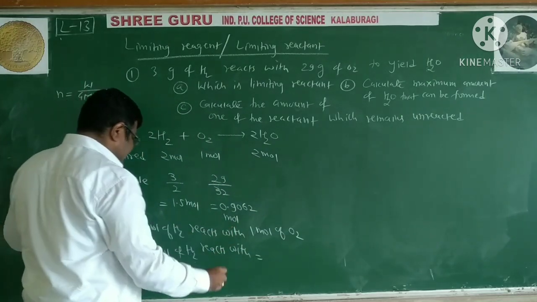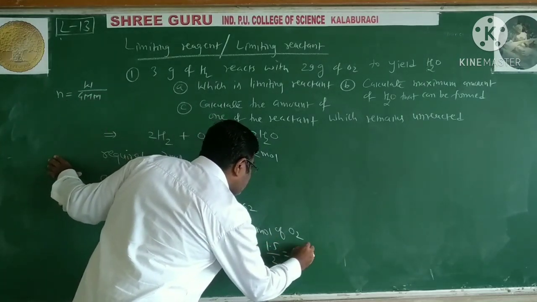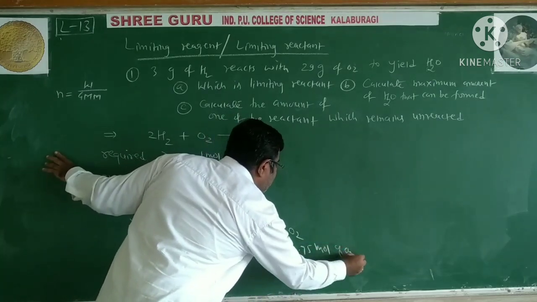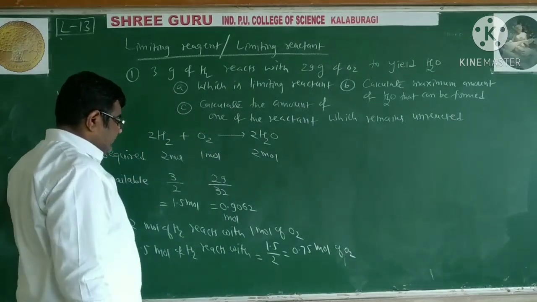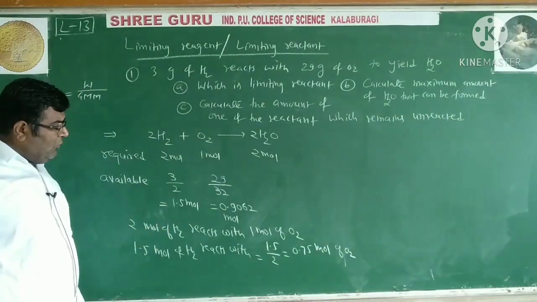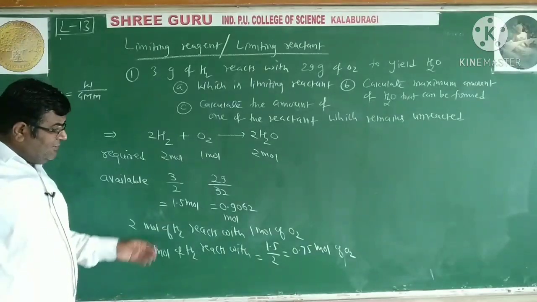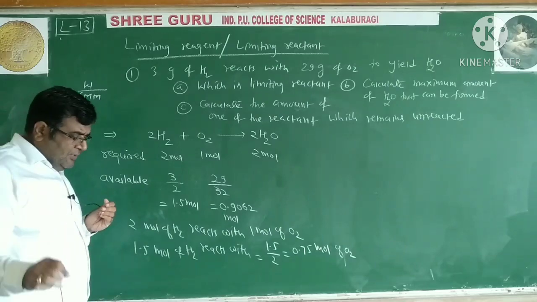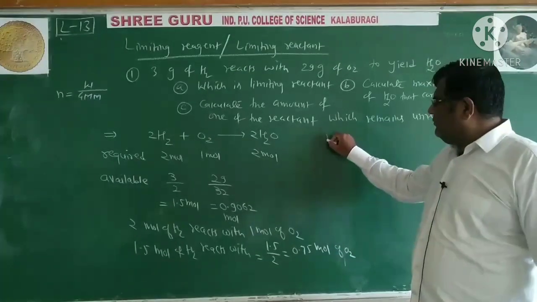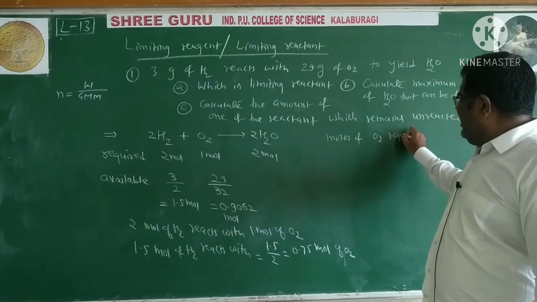Cross multiplication: 1.5 by 2, 0.75 mole of oxygen. So how much is required? Only 0.75 mole. And how much is present? 0.9062. So you can say moles of O2 required.